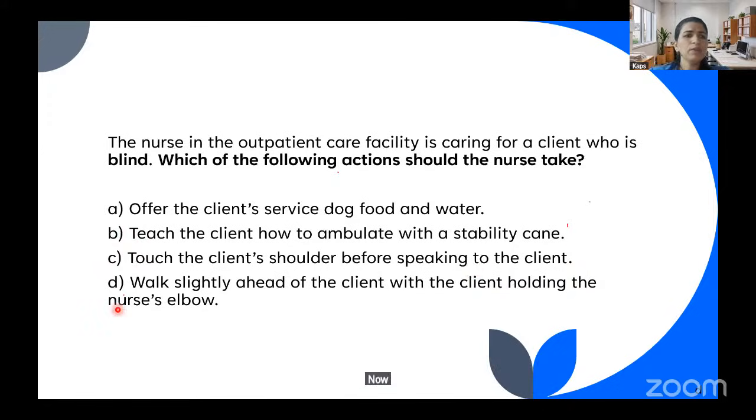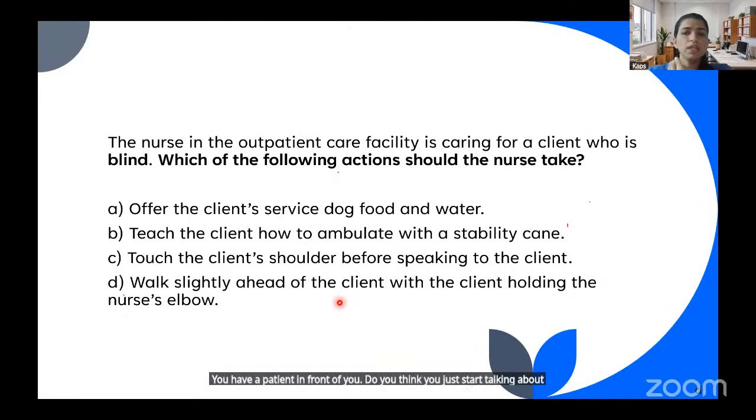Now you go between B and D. D says walk slightly ahead of the patient, with the client holding the nurse's elbow. Now, which one comes first and is better as compared to the other? You have a patient in front of you. Do you think you just start talking about and teaching about the cane?